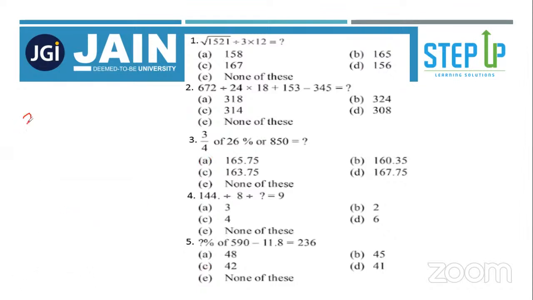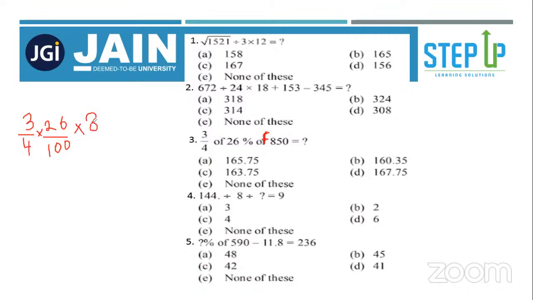So it's 3 by 4 times 26 by 100, right? Yeah. Okay, the question is actually this is off. Since the printing has missed, it shows like on. This is off. Okay, off means multiplication, right? Yes.